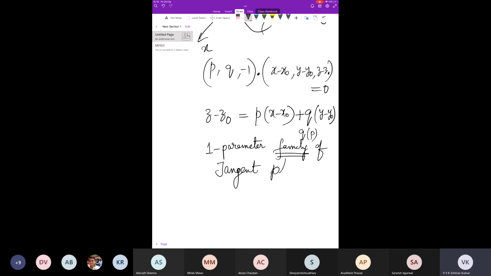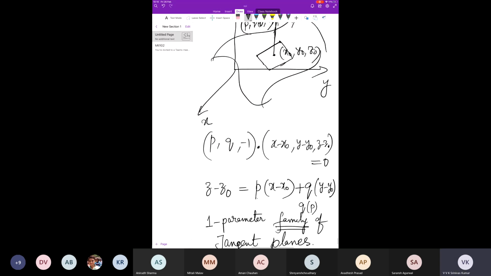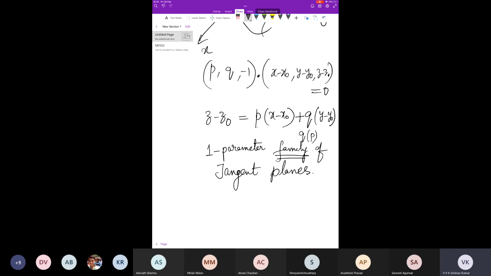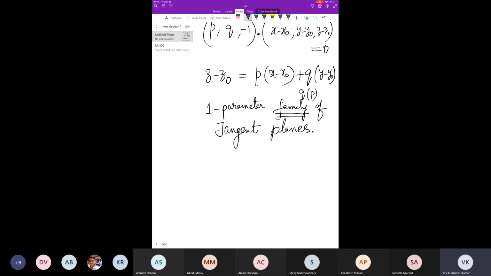It is tangent planes because we can vary the perpendiculars. Vary at every point. We can go now to a different point and a different perpendicular and get a different tangent plane at that point to the given surface z is equal to u x y. So we'll understand why we are requiring this one parameter family of tangent planes.